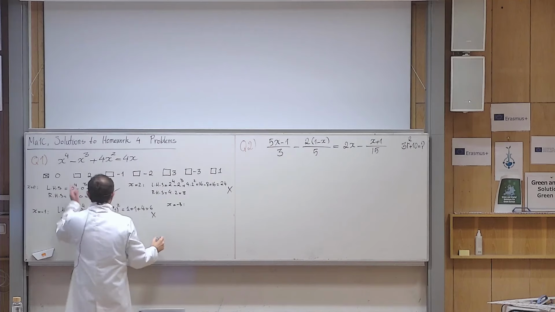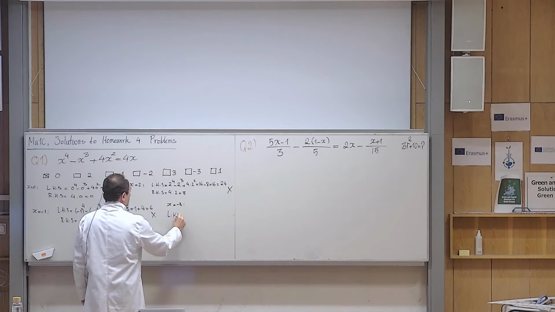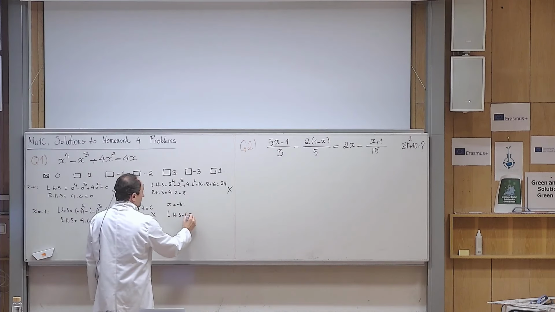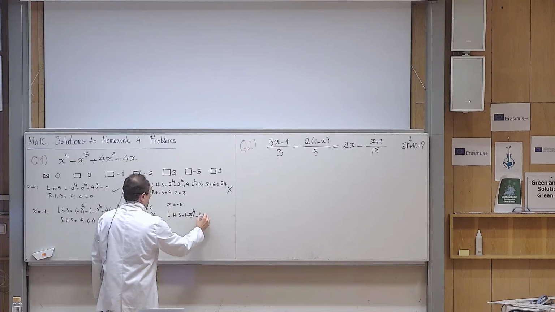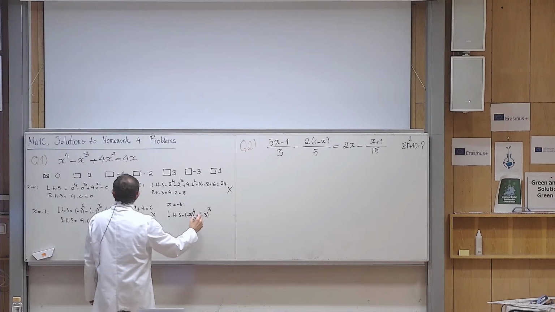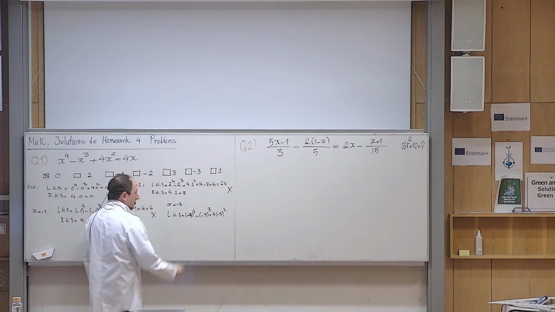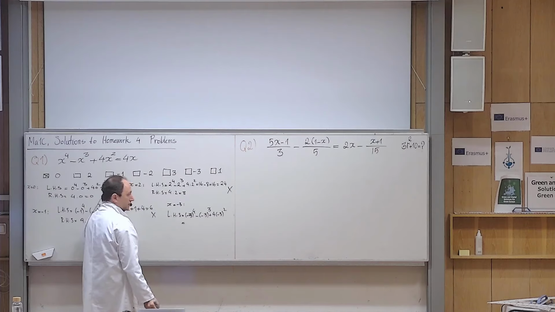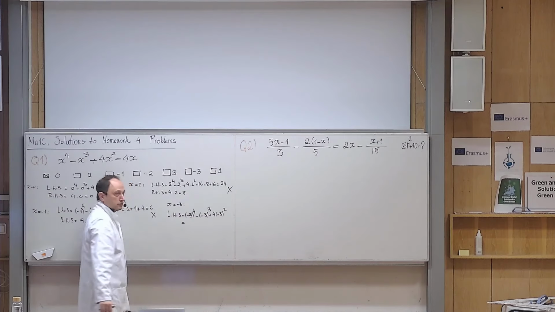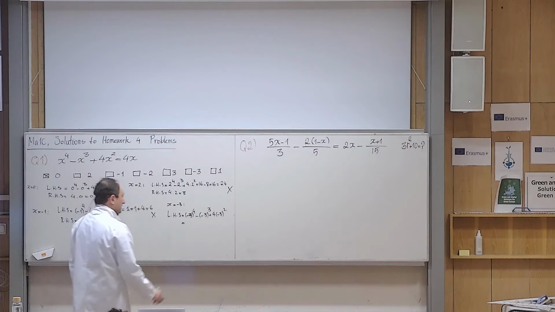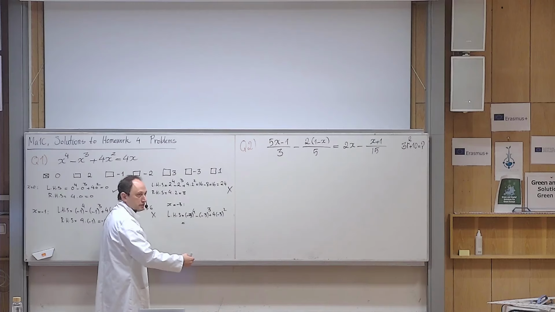So what should I write? The left-hand side becomes equal to what? Again, pair of brackets. Minus 3 to power 4 minus minus 3 to power 3. And then plus 4 times minus 3 to power 2. I don't think these numbers need calculators in principle. Minus 3 to power 4 means minus 3 times itself 4 times. So it is which number? Minus 3 times minus 3, positive 9.